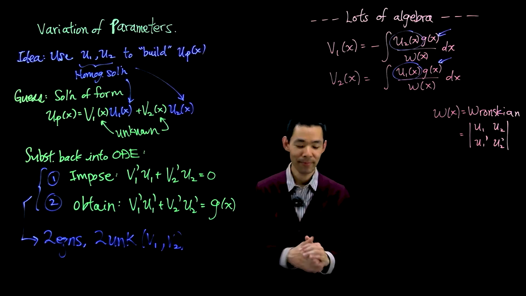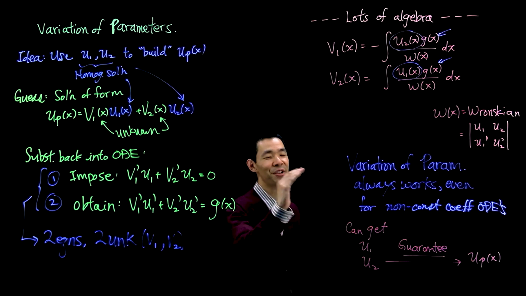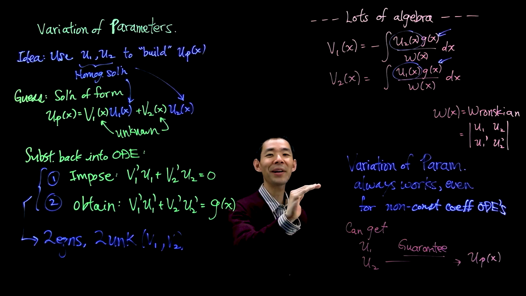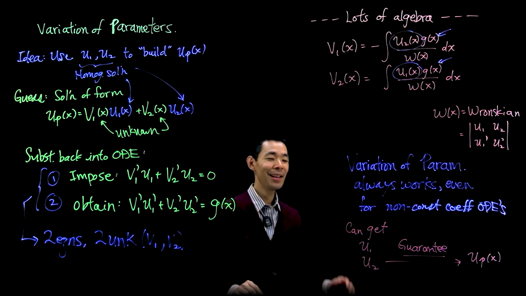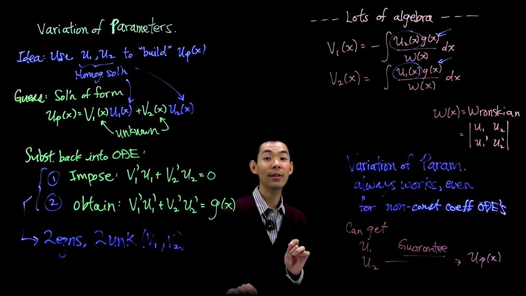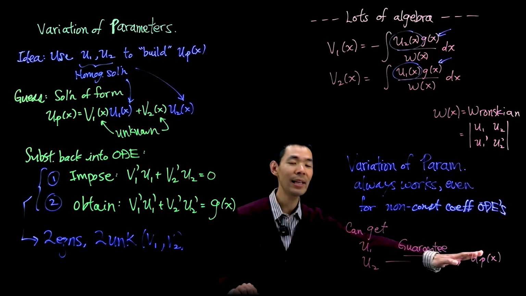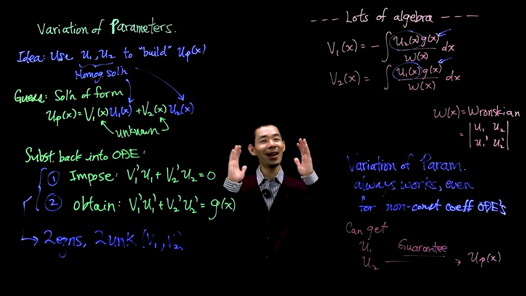Let me just write that down. All right, variation of parameters always works, even for non-constant coefficient ODEs. And if you can get u1 and u2, the homogeneous solutions, you are guaranteed to be able to obtain your particular solution.